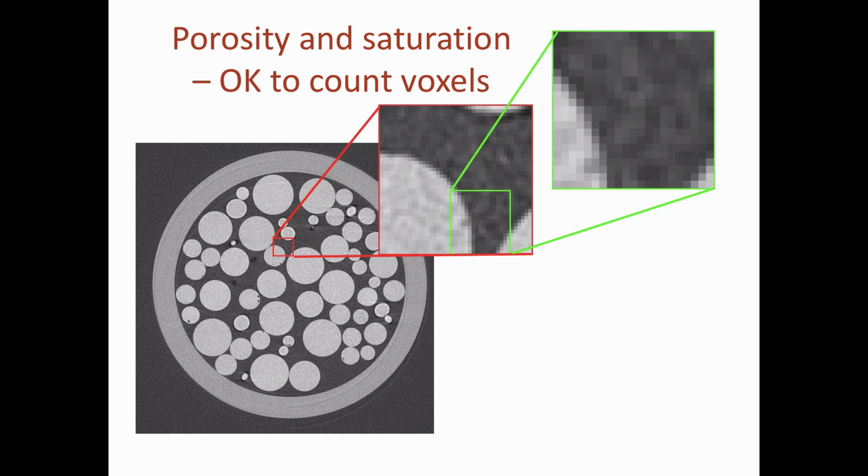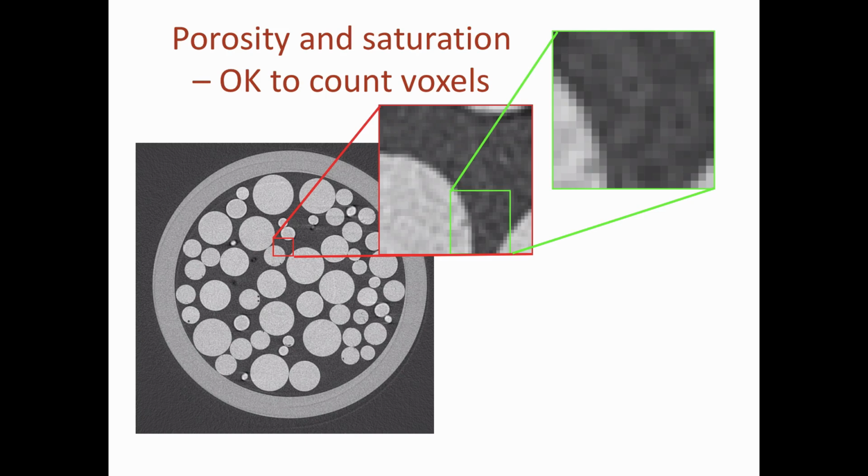However, noise is specifically likely near the interface of two phases, and that's where your resolution is typically not as good, and you will have much more noise near the interfaces than otherwise.